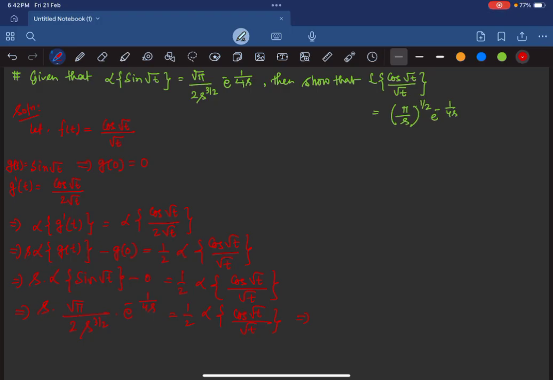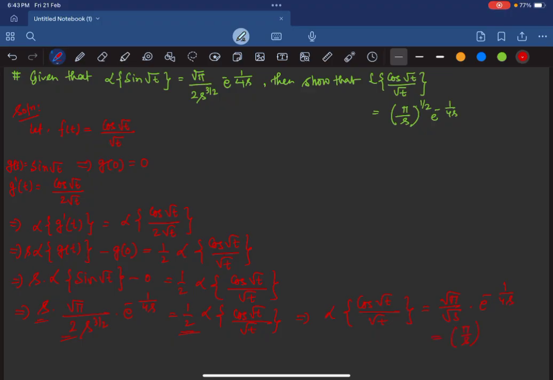Now from here you can directly get the answer, that is Laplace of cos root t by root t. You can cross multiply here, so the 2 cancels, and with s and s power 3 by 2, immediately you have root pi, root s into e power minus 1 by 4s.